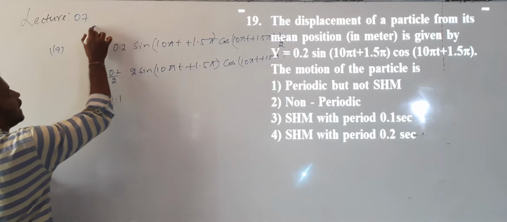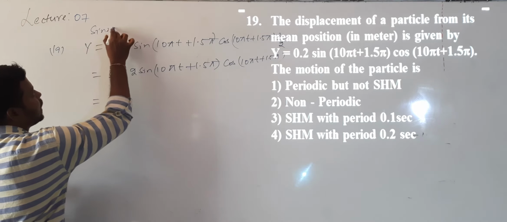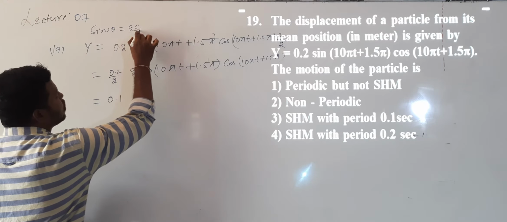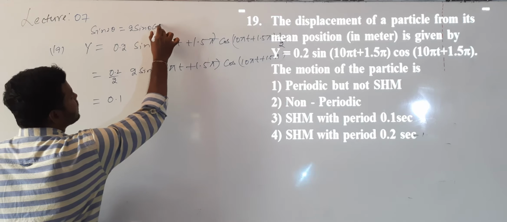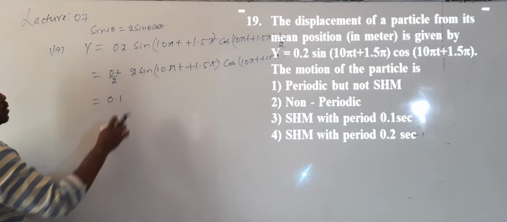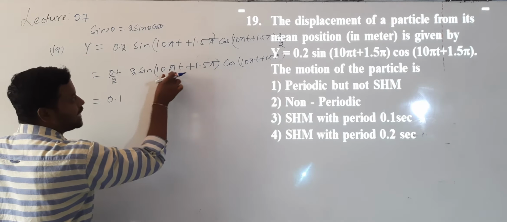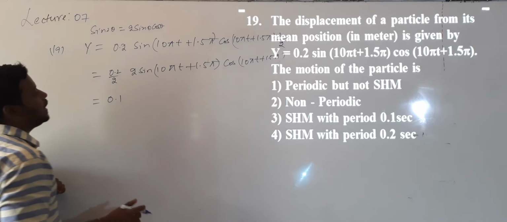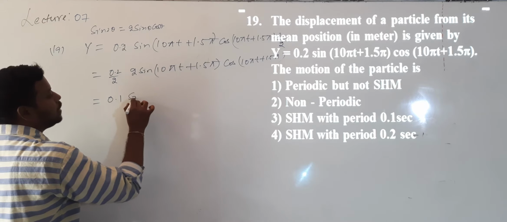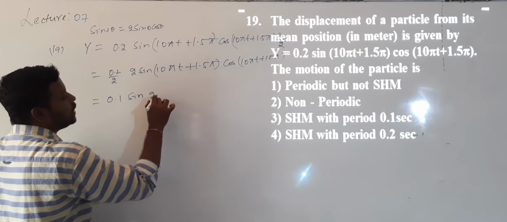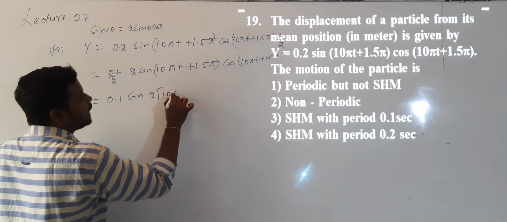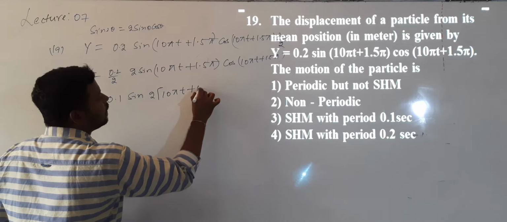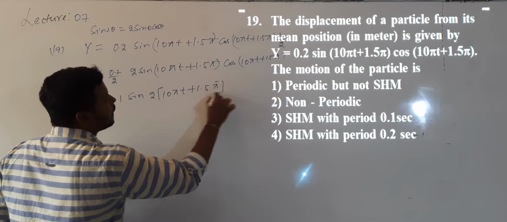The definition of sin 2 theta is 2 sin theta cos theta, right? What is theta? Theta is 10 pi t plus 1.5 pi, so this is given by sin 2 theta, that is sin of 2 into (10 pi t plus 1.5 pi).